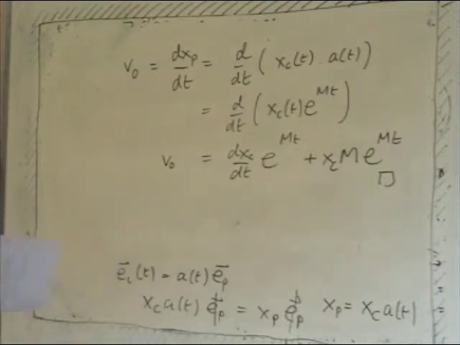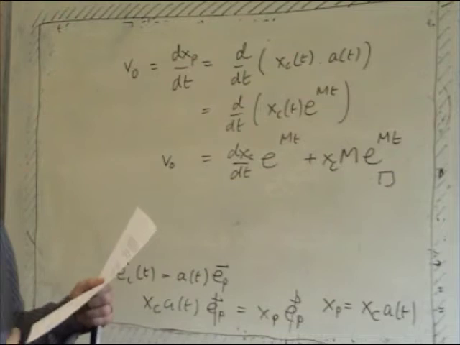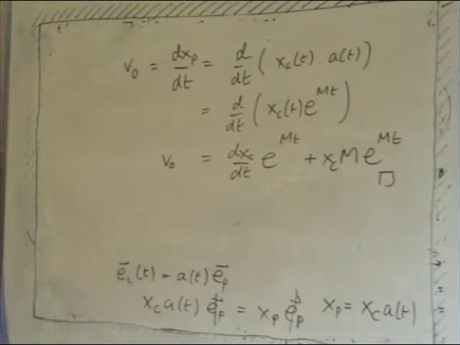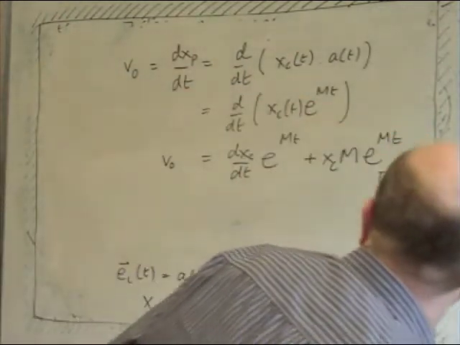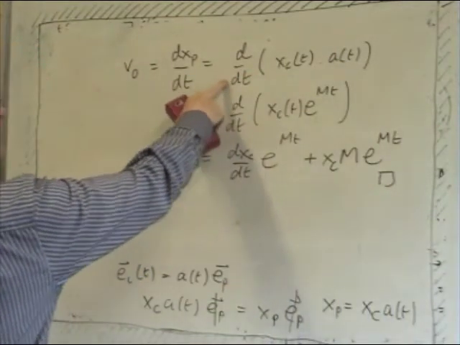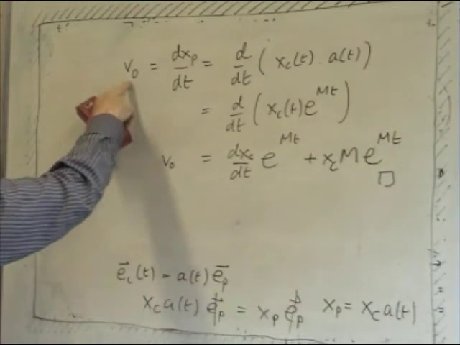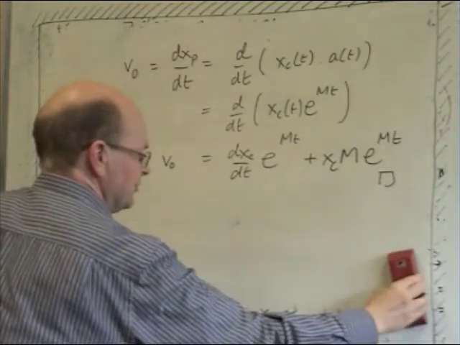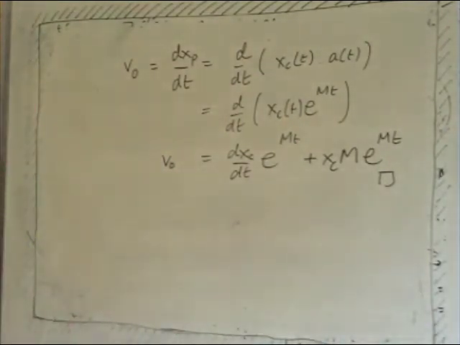Now the next job is to solve the equation to find an expression for xc. The way you do that is to go back to this form here. Look, this form has d by dt of some function of time equals a constant. That's a differential equation that you know how to solve.